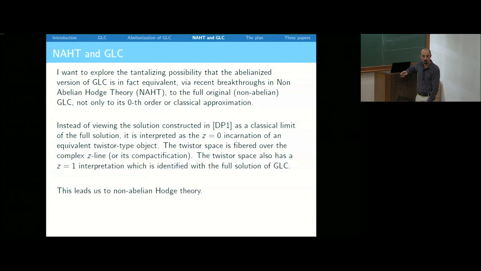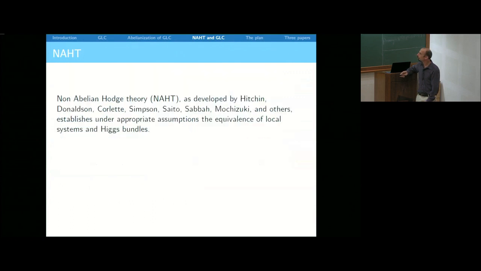Well, let me just start a quick review of that. Fortunately, I don't really have to do that because we've heard most of what we need from Mochizuki's talks. So non-abelian Hodge theory, as developed by Hitchin, Donaldson, Corlette, Simpson, Saito, Sabbah, and especially Mochizuki, establishes under appropriate assumptions the equivalence of local systems and Higgs bundles.